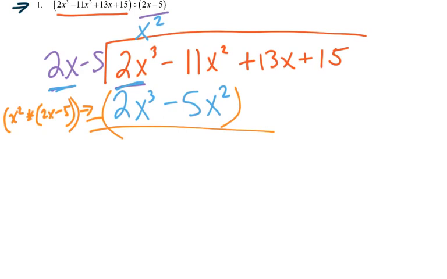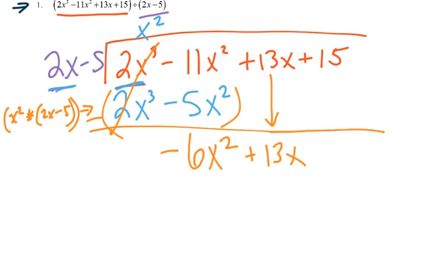The reason why we subtract is because when you subtract the same values, you get 0. So 2x cubed minus 2x cubed gives me 0. Then I have negative 11x squared minus negative 5x squared, which is going to leave us with negative 6x squared. I'm going to bring down my next term, plus 13x.